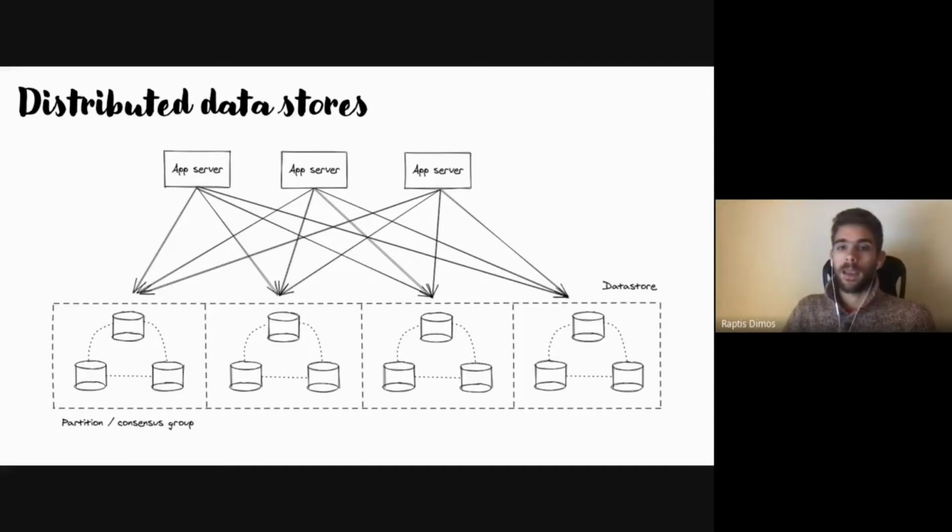And to illustrate what I said before, if you use, for example, two-phase commit, and one of the partitions becomes unavailable, then this might mean that any other partition that has an active transaction with this partition will also become unavailable. So we introduced some coordination across partitions, and this created a drop in fault tolerance.